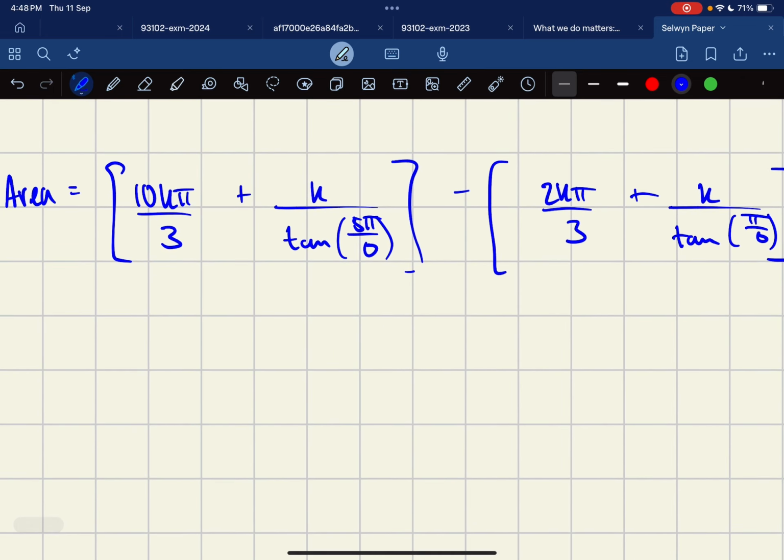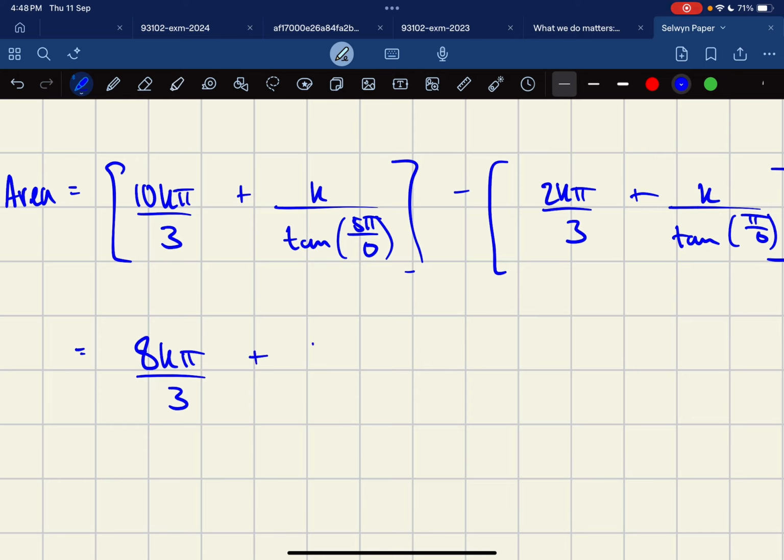So you can see that the 10k pi over 3 and the 2k pi over 3, they are like terms. That becomes 10 minus 2, which is 8k pi over 3. And then the tan of 5 pi over 6 is equal to negative root 3 over 3. And then tan of pi over 6 is positive root 3 over 3.